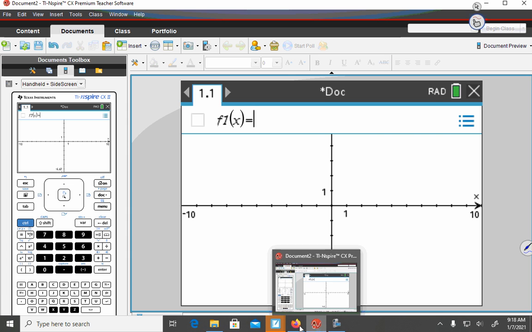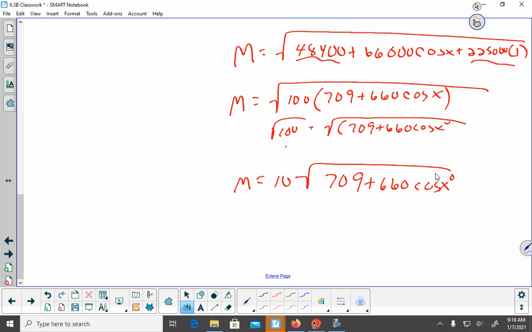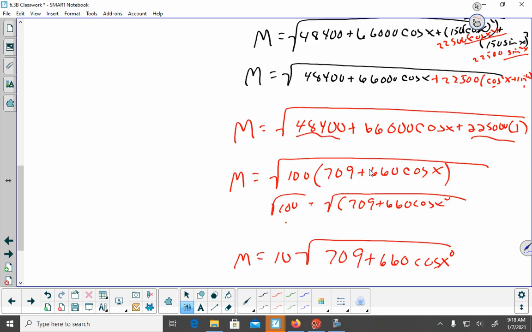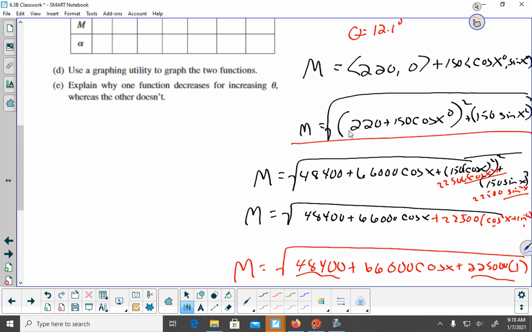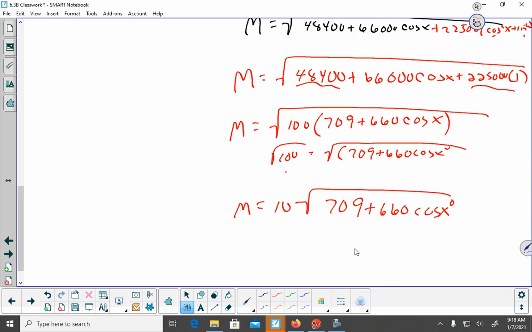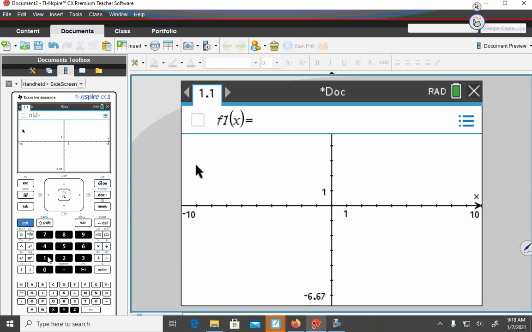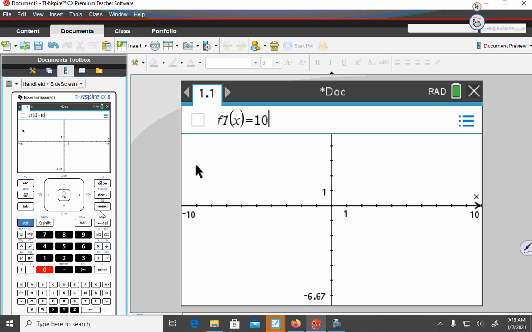If you didn't simplify it that far, then this is what you're typing in. Just be careful that you don't make a mistake. So I'm going to take 10, and then multiply that by the square root of 709 plus 660 times the cosine.